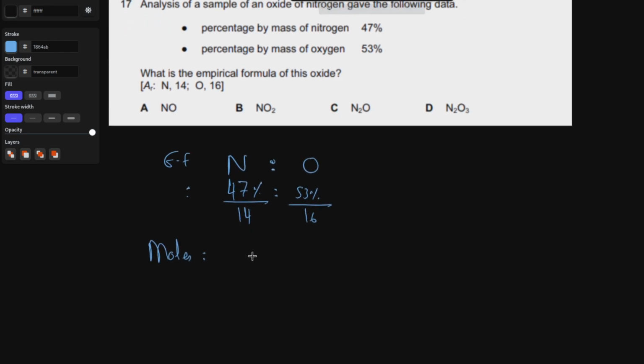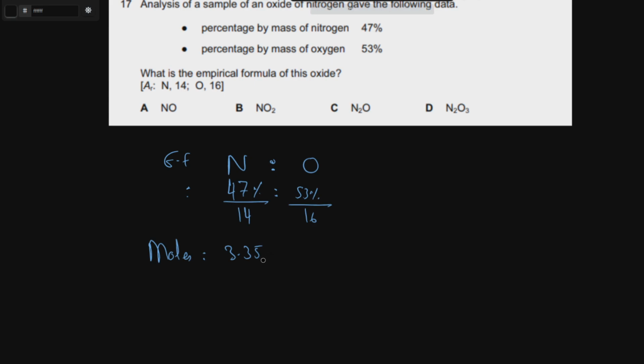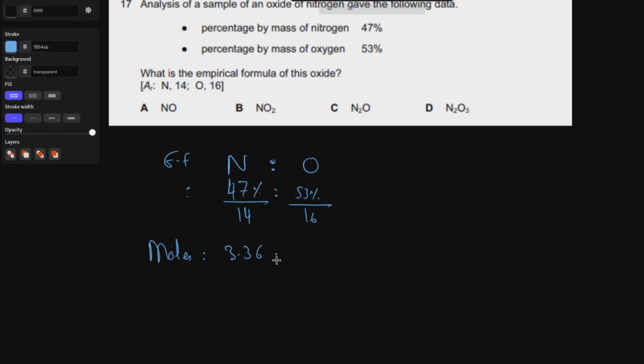We will get the answer, and that will be approximately 3.35 or 3.36 for nitrogen, with the ratio 53 upon 16, or 3.3125 for oxygen. If we round them together, then we will get approximately 3.3 is to 3.3.